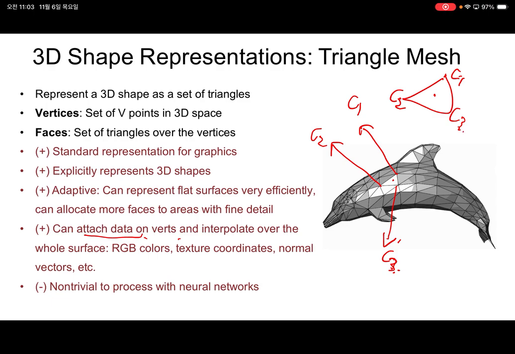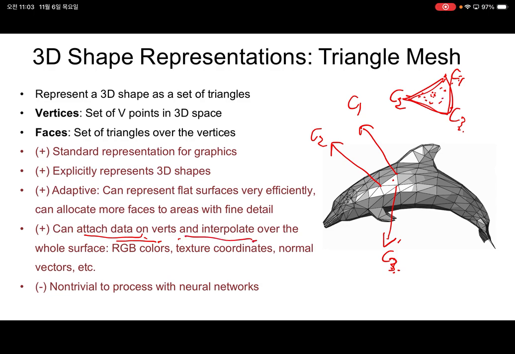So we can interpolate colors of each vertex to get colors of any points on the surface, so we do not need to define very dense points. Although we have only these 3 points, we can get colors of all points inside the triangle using barycentric coordinates. That makes it very efficient. We do not need very dense vertices because of this barycentric coordinate representation.